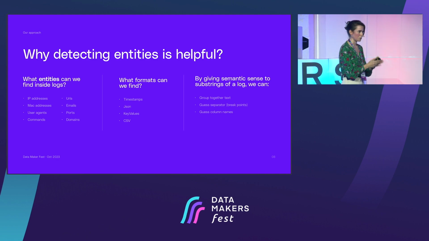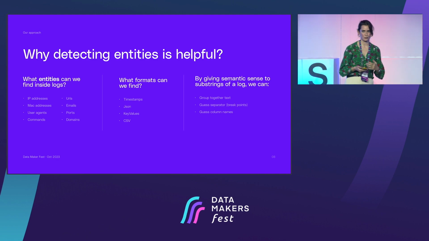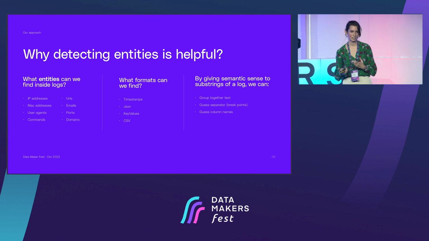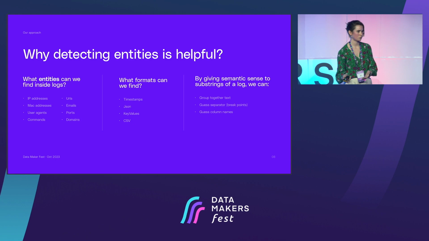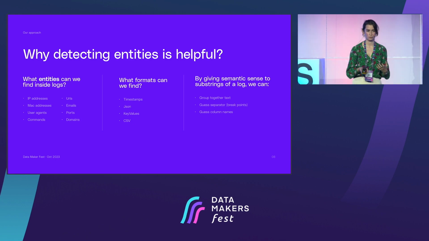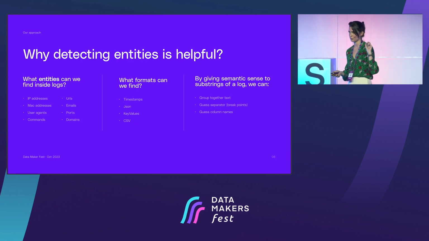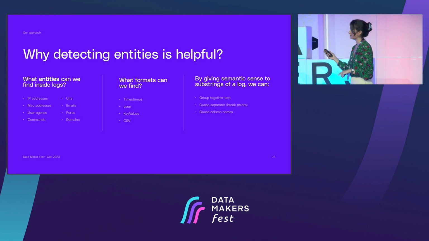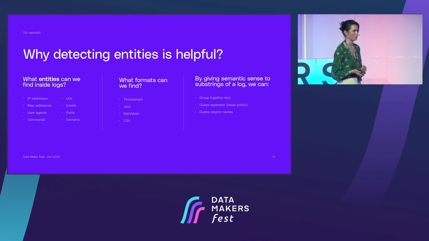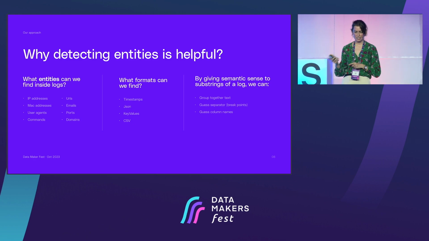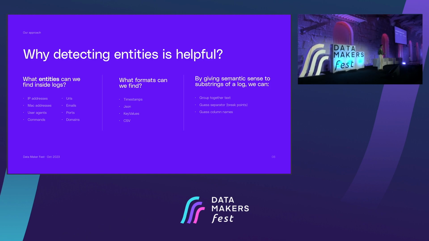With my team, we made a big list of things we are used to parsing, right? And I just gave you here what I think are the most frequent and the most useful. We talked about IP addresses before, but MAC addresses are also very common, user agents, commands, status codes, emails, URLs, IP ports, and things like that.